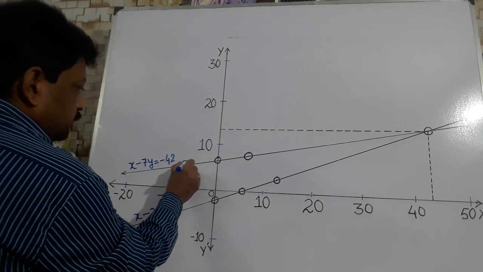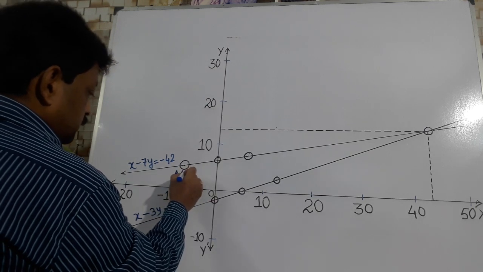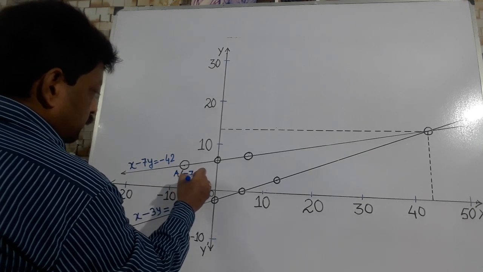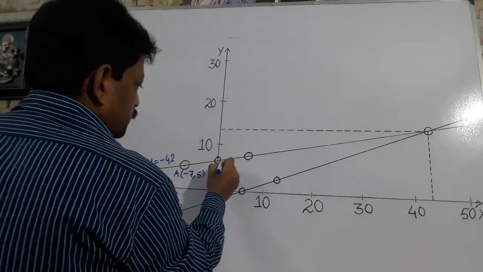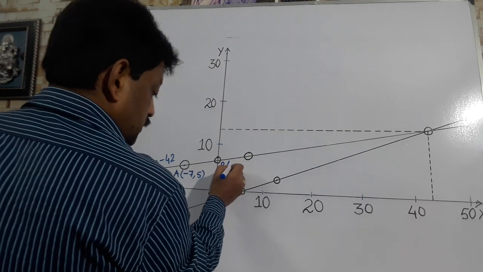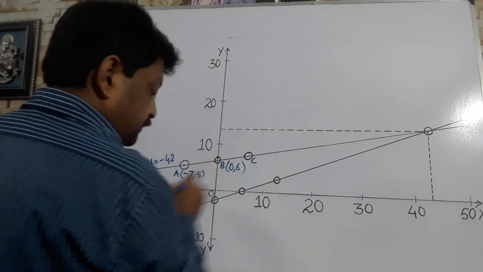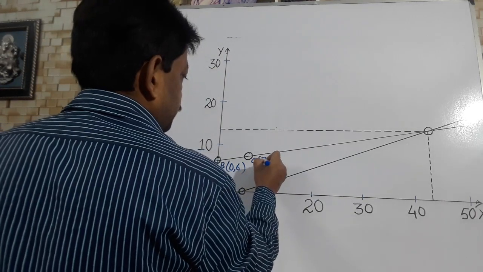So this one is the first point A, whose coordinate is minus 7, 5. This is B, 0, 6, and this is C, that is 7, 7.